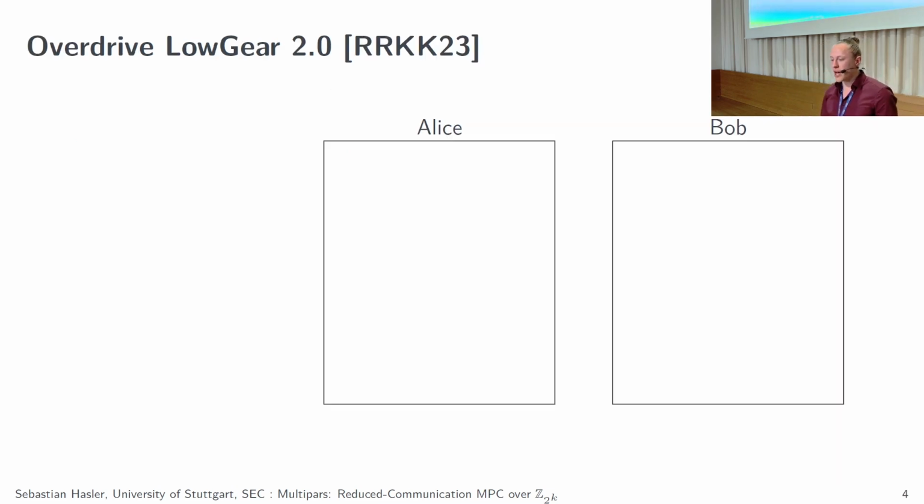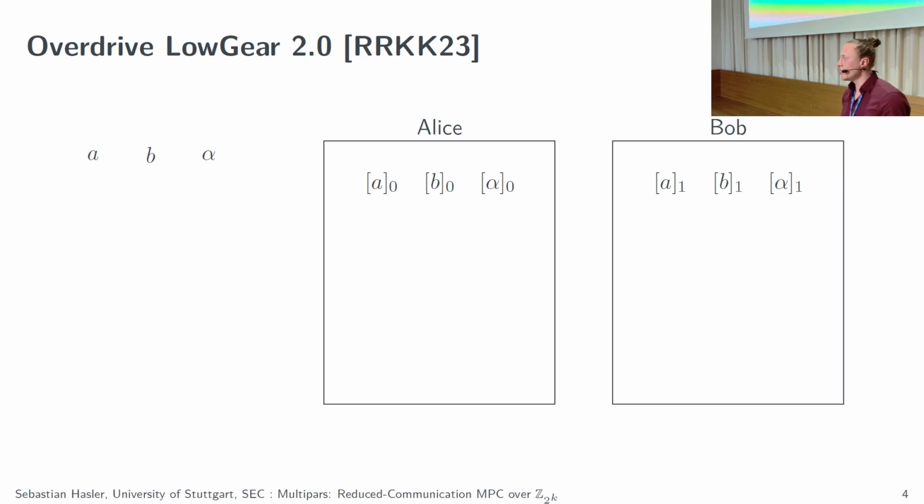So now, how does the Overdrive LowGear 2.0 protocol utilize this OLE to produce Beaver triples? Recall that from the offline phase, or from the setup, we have this secret MAC key alpha, which is already secret shared. And now, let's say we also have A and B. How to produce A and B? That's easy. All parties just randomly choose their own share of A and B. So Alice randomly samples A0 and B0.